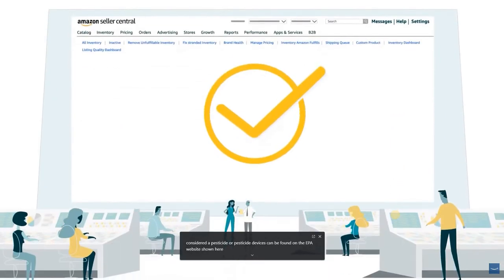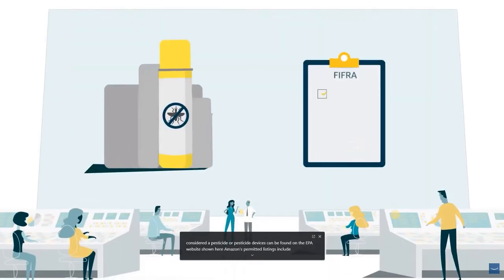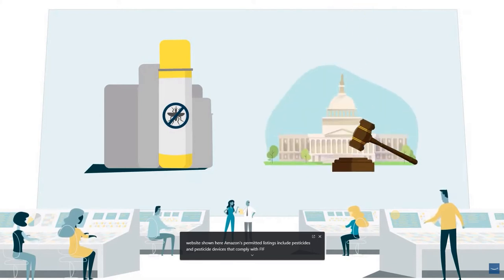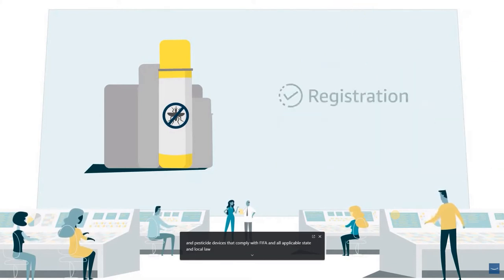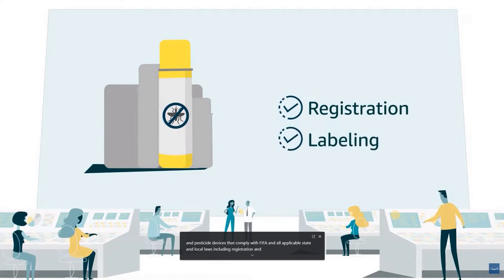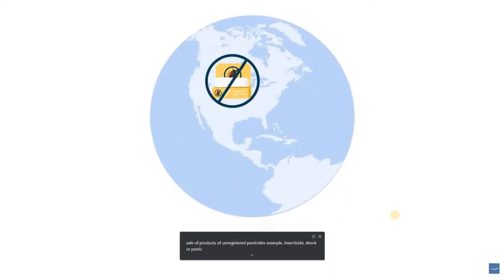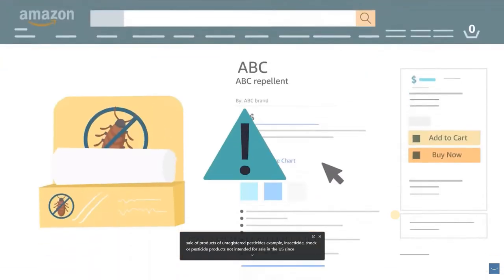Amazon's permitted listings include pesticides and pesticide devices that comply with FIFRA and all applicable state and local laws, including registration and labeling requirements. The sale of unregistered pesticides, for example insecticide chalk, or pesticide products not intended for sale in the U.S., since they do not have an EPA registration number, is prohibited on Amazon.